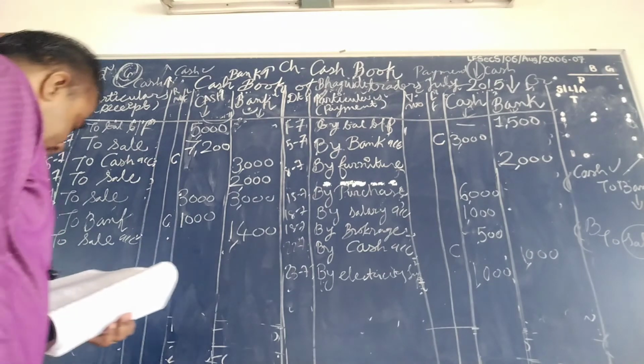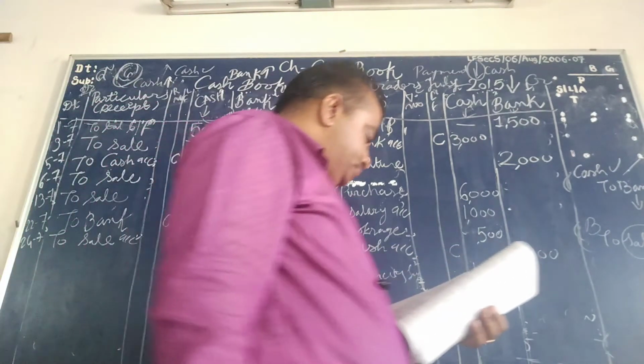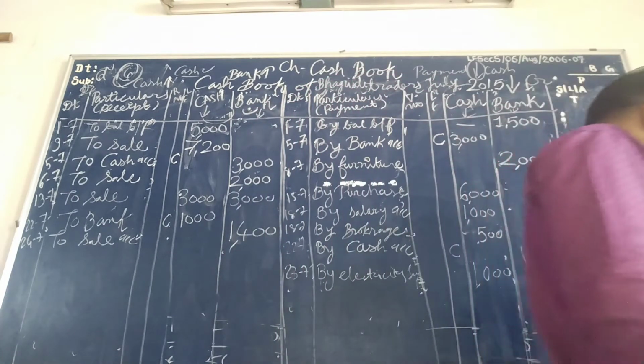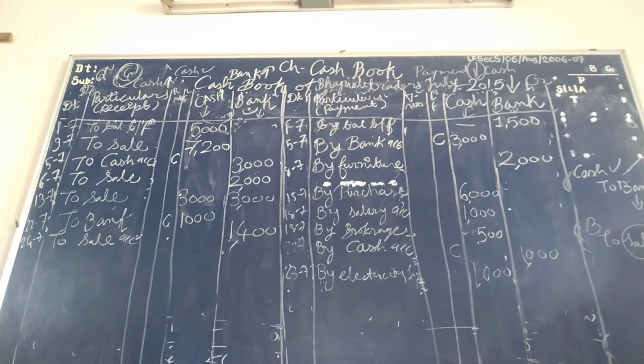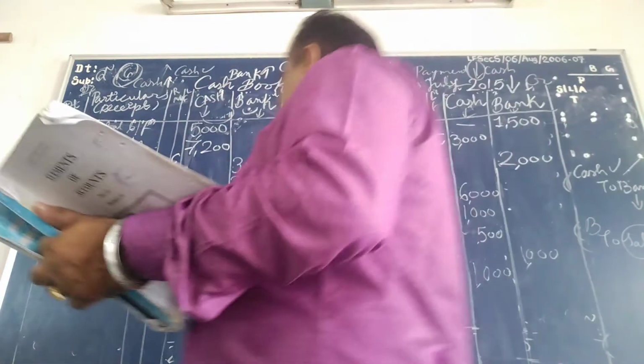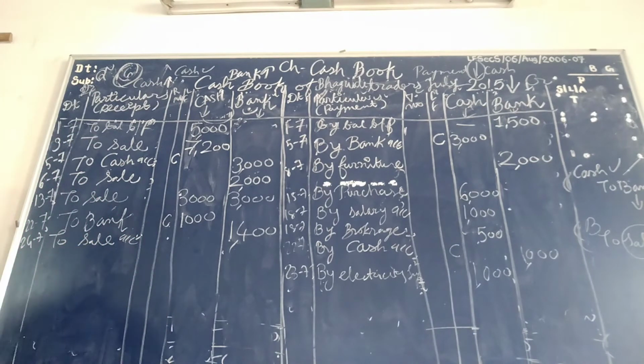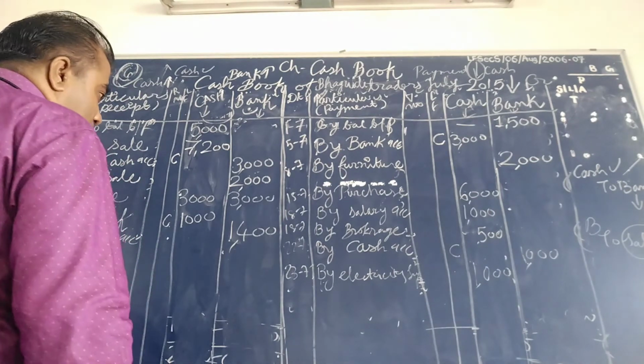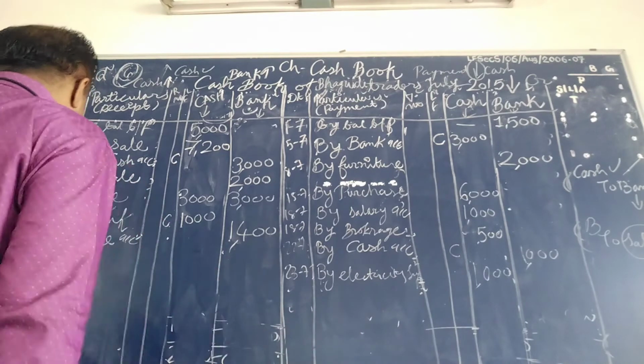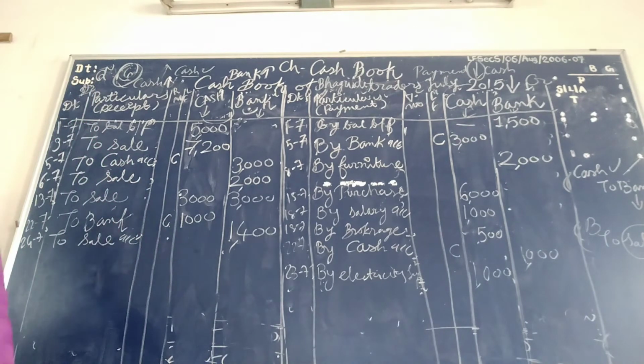Now transaction of 27th of July, bank informed that the check issued by Smith is dishonored. Here we received a check from Smith, and now Smith's check is dishonored.